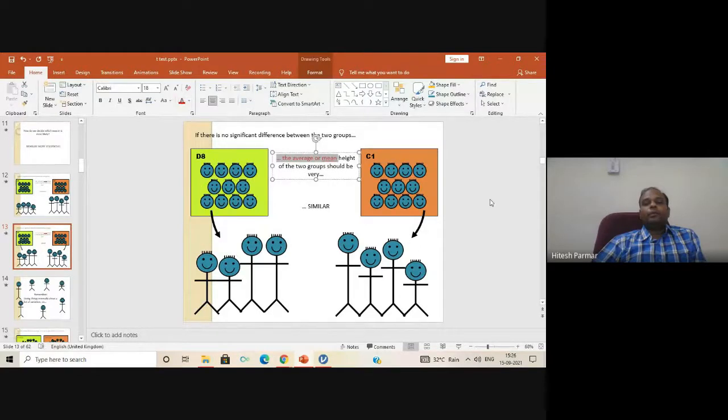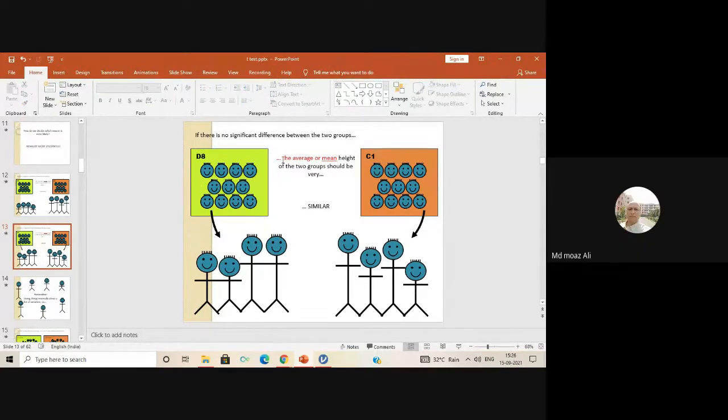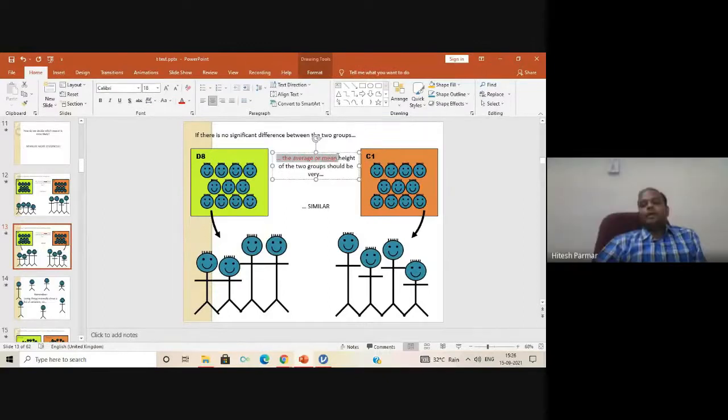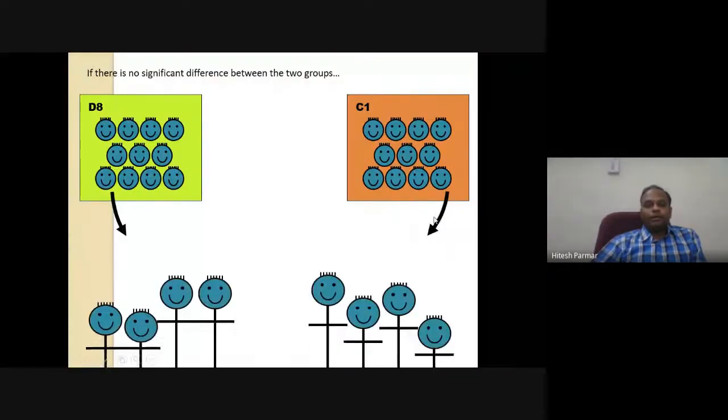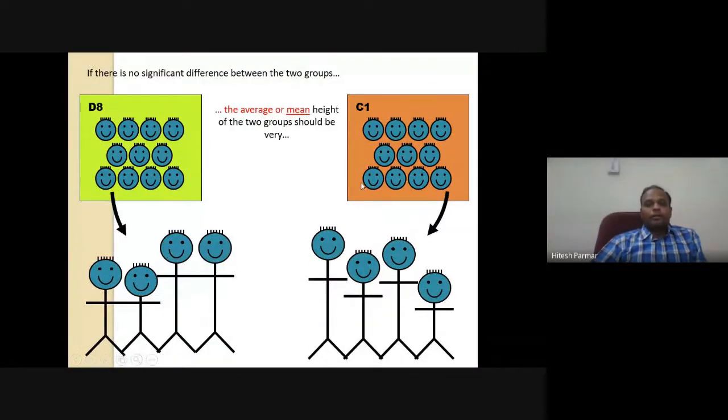We are comparing mean. We are comparing mean or average. Right? We are comparing mean or average. So always remember that we are comparing on the basis of mean or average.